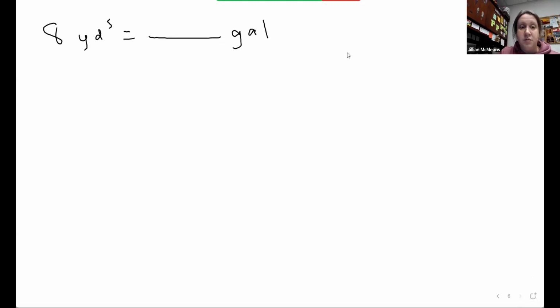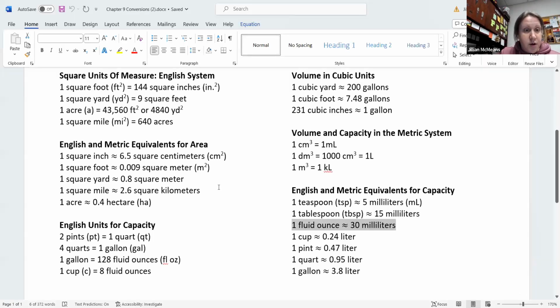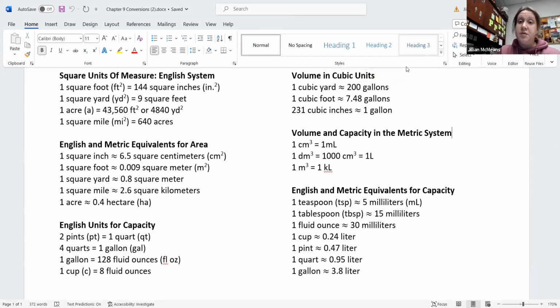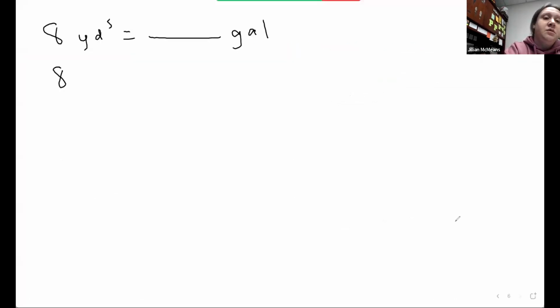We're looking for a conversion between cubic yards and gallons. So cubic yards and gallons right here. You do have to do a little digging, a little searching to find these sometimes, but 1 cubic yard is approximately 200 gallons. Okay, so let's go back to the whiteboard. All right, start with what we know.